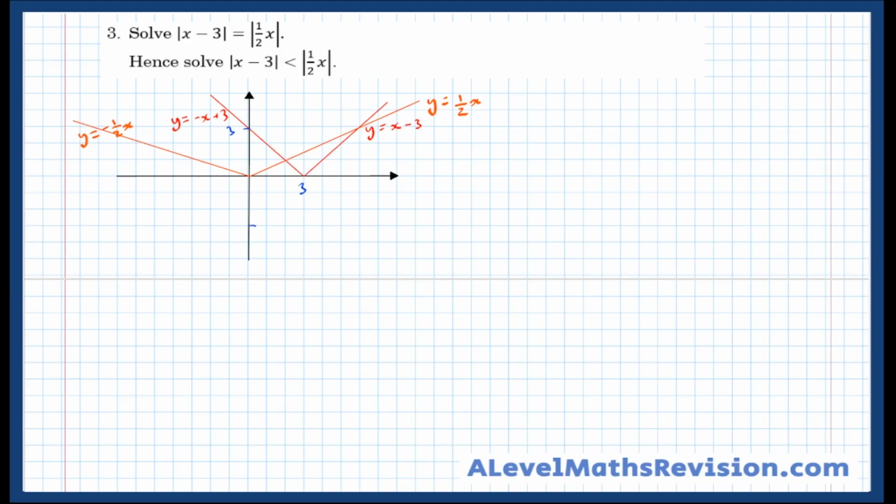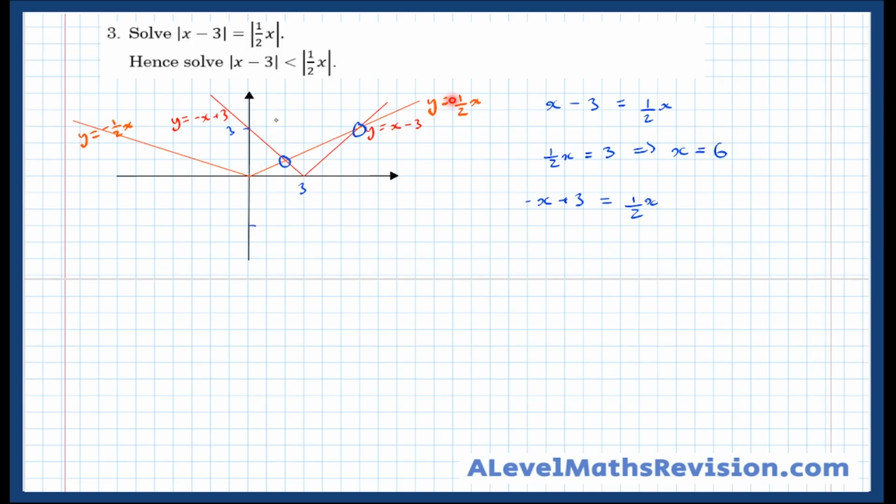Okay, so we can see that there's two solutions here. One there and one there. So we're solving x minus 3 with half x, and that will give half x equals 3, which means that x equals 6 is one solution. The next solution will be this one here, solving minus x plus 3 with half x.